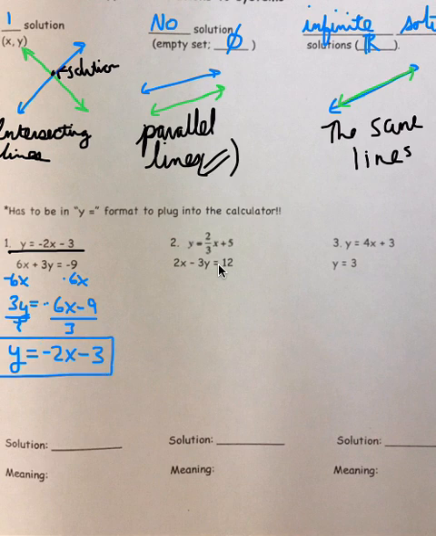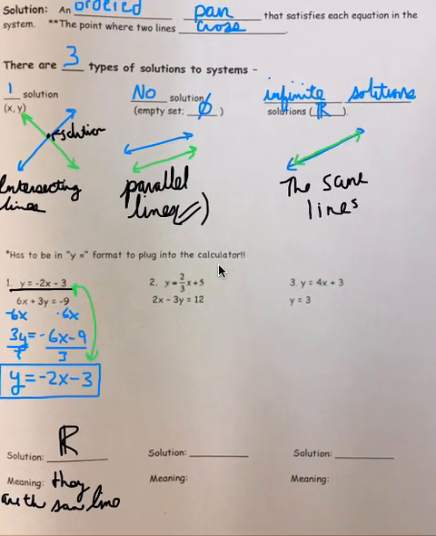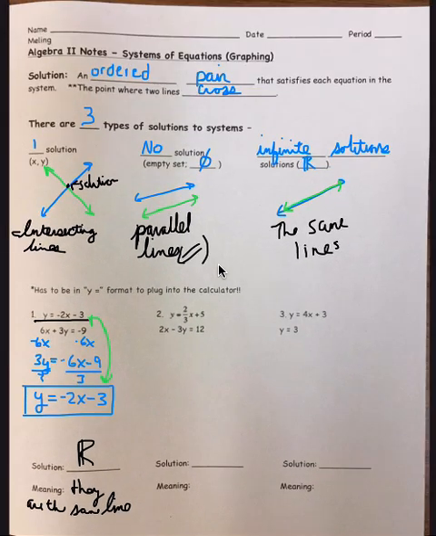So we see these two are the same line. So that means our answer is all reals. So they both become y equals negative 2x minus 3. They are the same line.